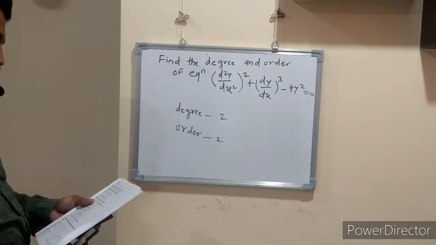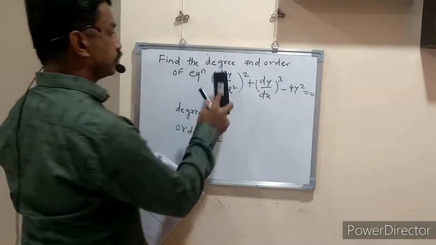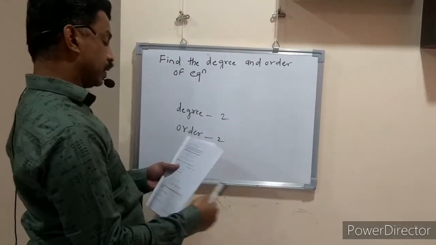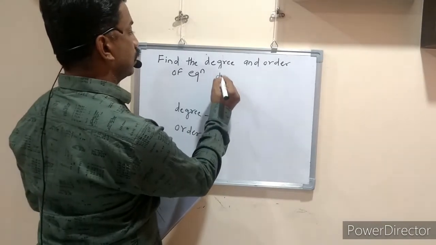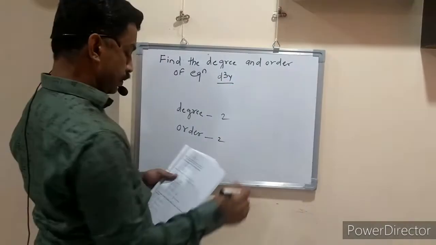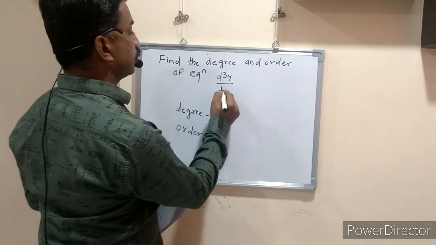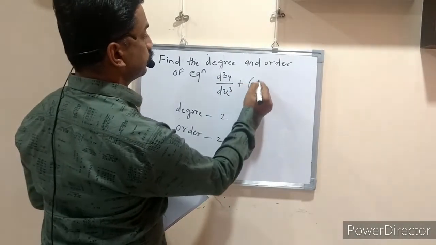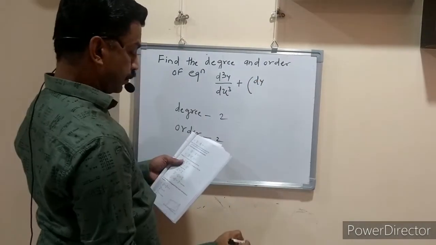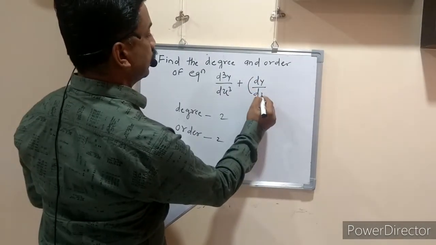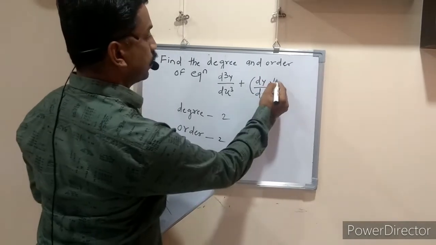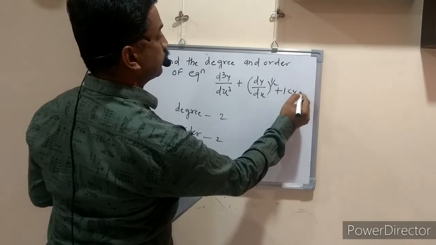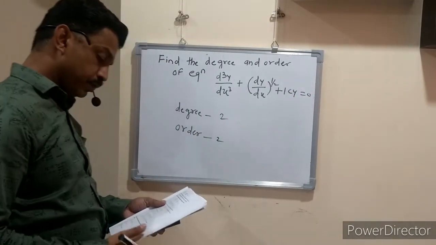Now we take one another example. Another example is like this: d3y by dx cube plus dy by dx raised to 1 by 2 plus ky equal to 0.